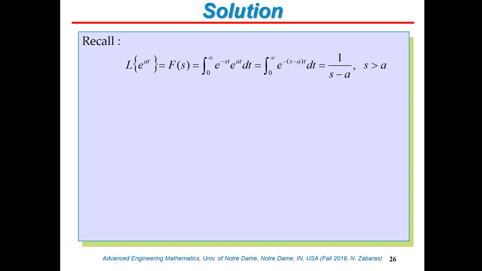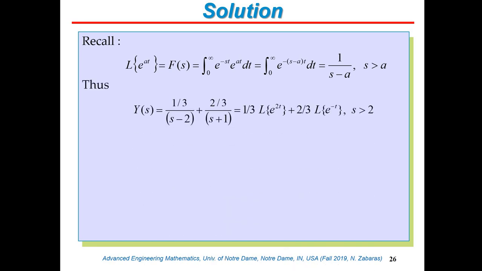This leads to an exponential, which is e to the 2t. And then here we have s plus 1. This leads to an exponential, which is e to the minus t, using the equation that you see on the top.